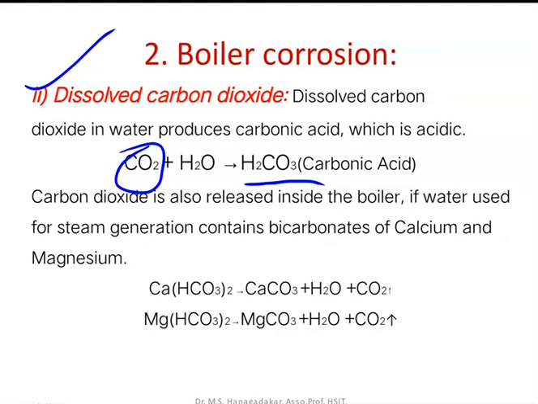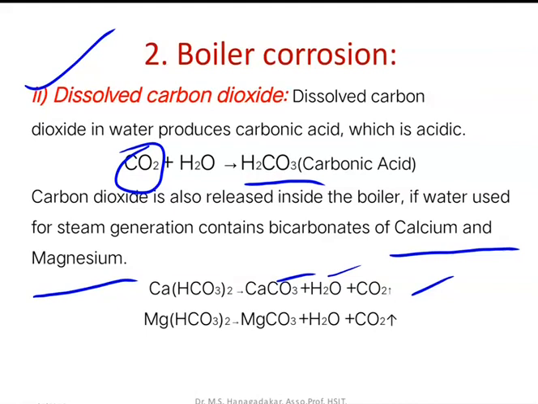As you know, we are using boiler feed water. If the water contains calcium and magnesium dissolved salts in the form of bicarbonates, and that water is heated at a very high temperature, there is a formation of calcium carbonate, water and carbon dioxide gas. Here I have taken two examples. Calcium bicarbonate decomposes to give calcium carbonate, water plus carbon dioxide gas.